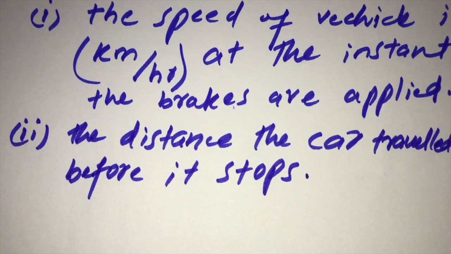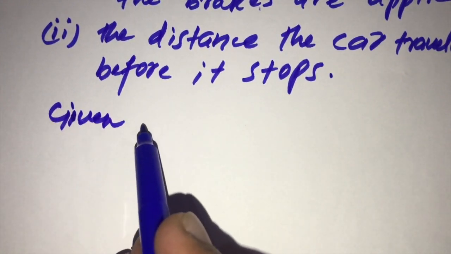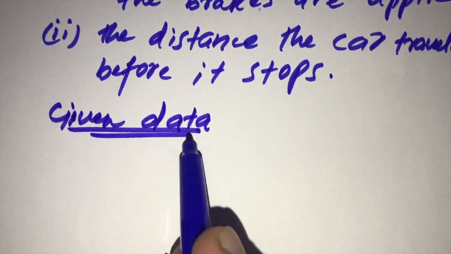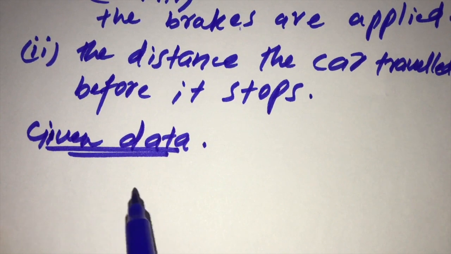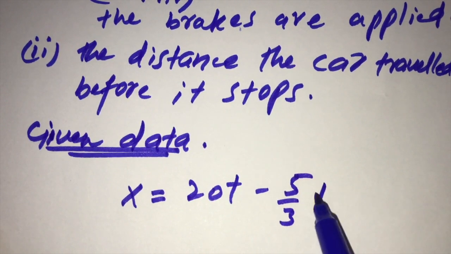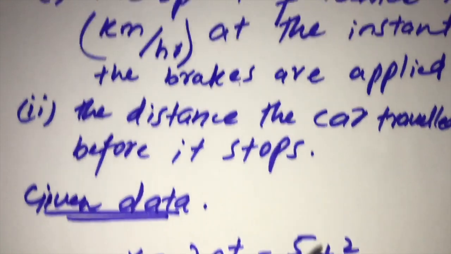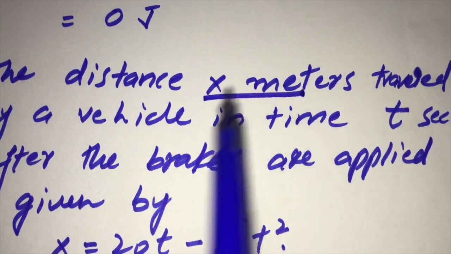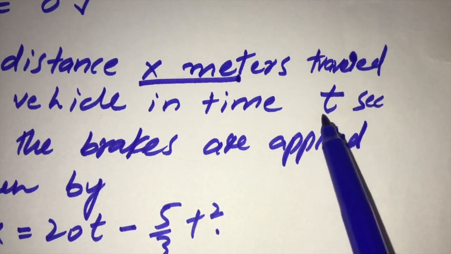So for this, first we write our given data. Our given data is the relation of x with time: x is equal to 20t minus 5 by 3 t square. It is also mentioned in the question that x is in meters and the time t in seconds.